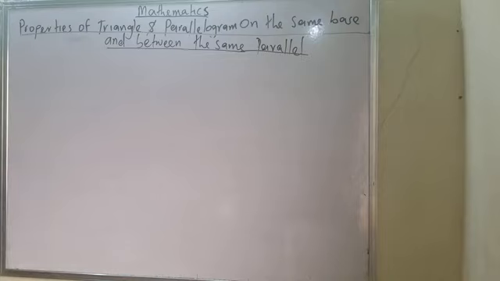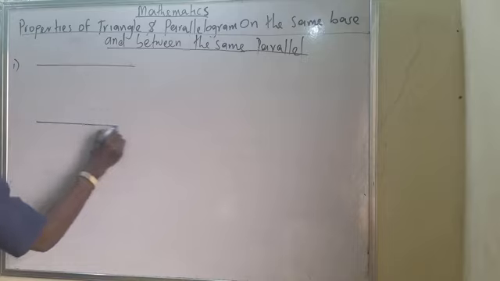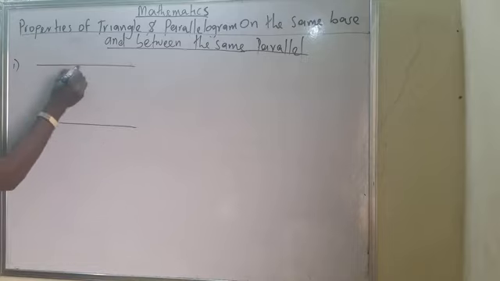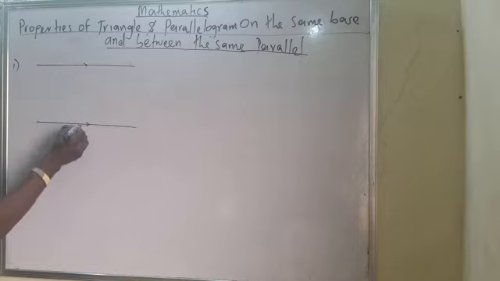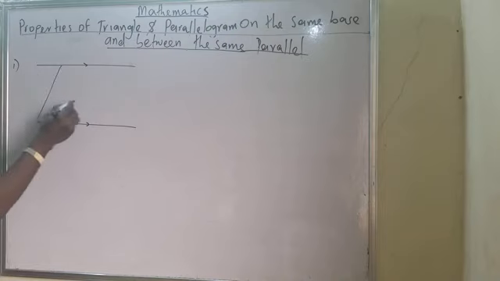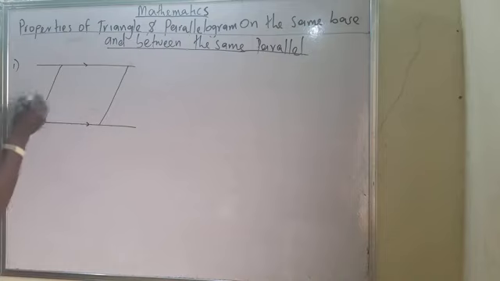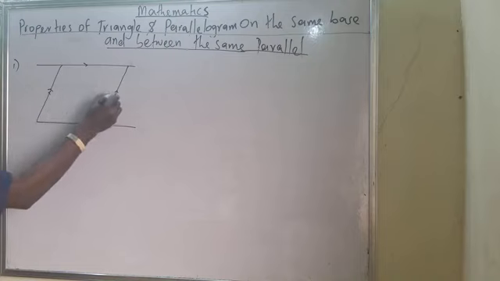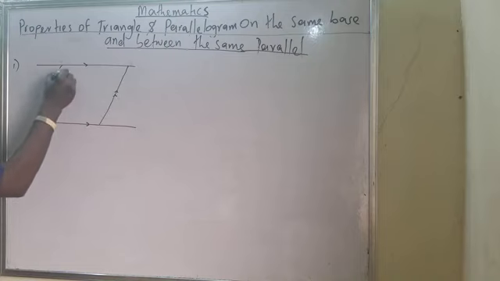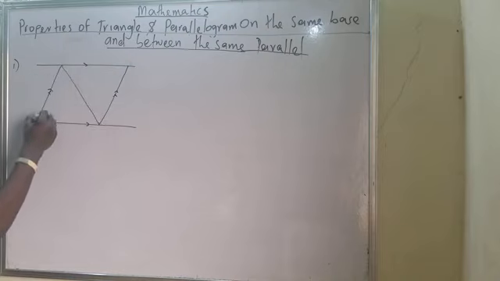Now, the first thing you need to understand is that I have two parallel lines. If this is also parallel to this, now I have this, and I have this.